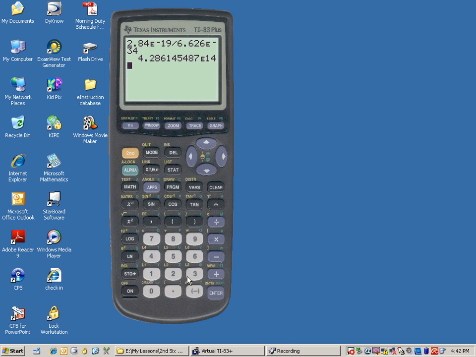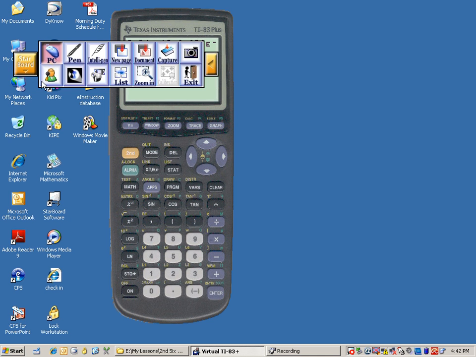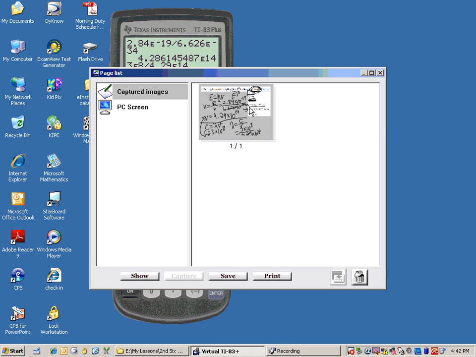So we have speed of light 3 times 10 to the 8th divided by the frequency we got before, rounded to 4.29 times 10 to the 14, which gives us a long ugly number, but use your rounding rules. Rounded to the hundredths, it would be 6.99 times 10 to the negative 7 meters.